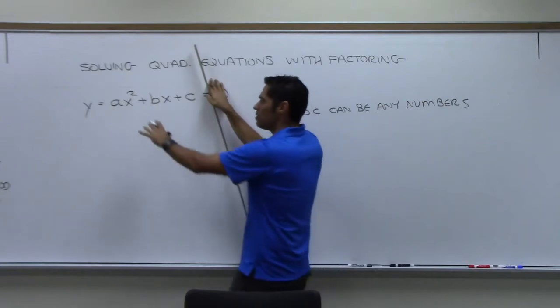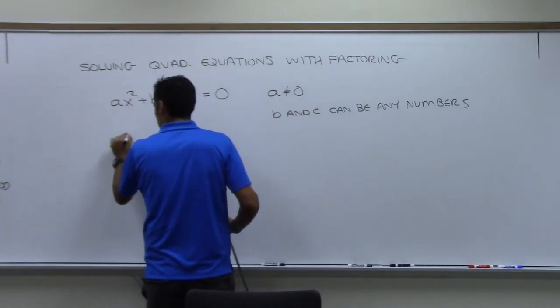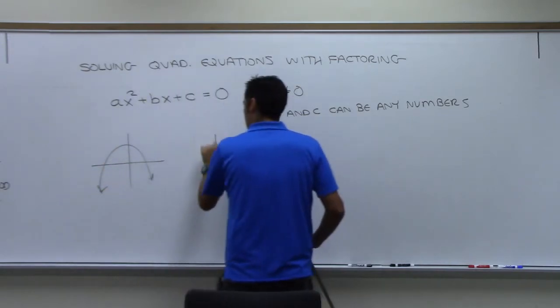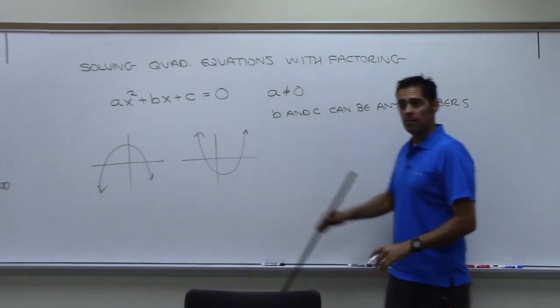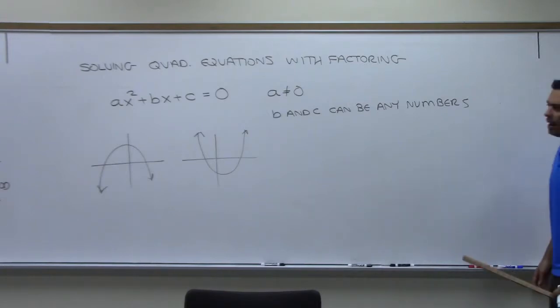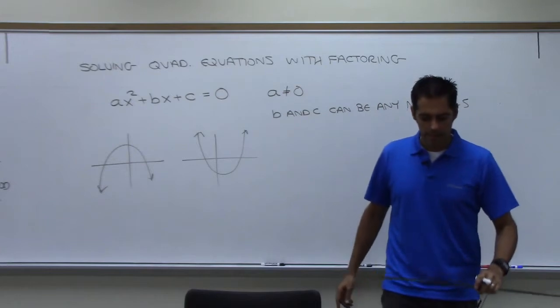But if it's y equals that quadratic thing, it looks like a parabola. Parabolas look like U's, and we usually say they open up or down. We're going to talk more about this later. I just want to introduce why we're doing this. And these are very, very useful to us, believe it or not.